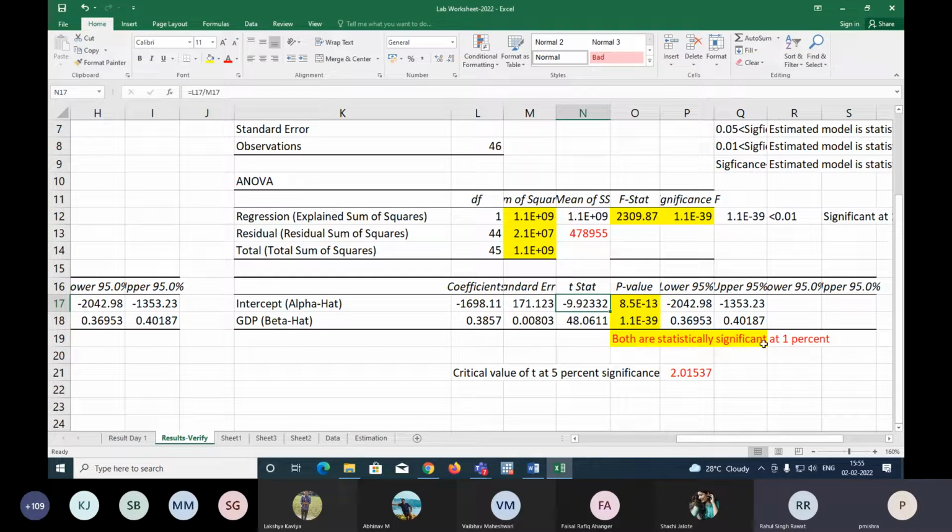And this critical value we have fixed with respect to 95% confidence limit, or say 5% significance level. Basically, what is outside the two limits, lower limit and upper limit.